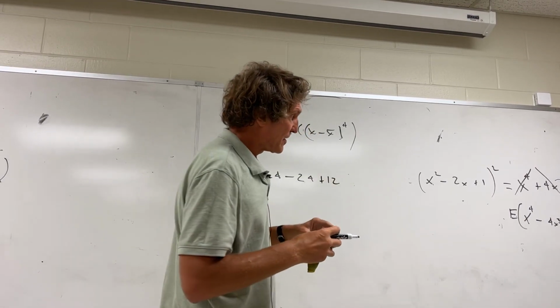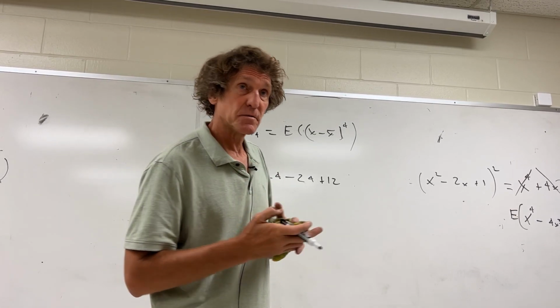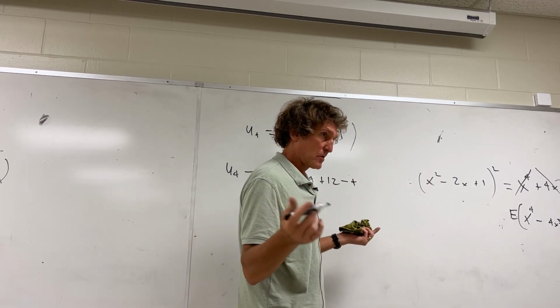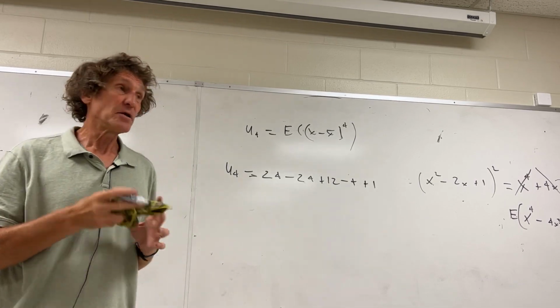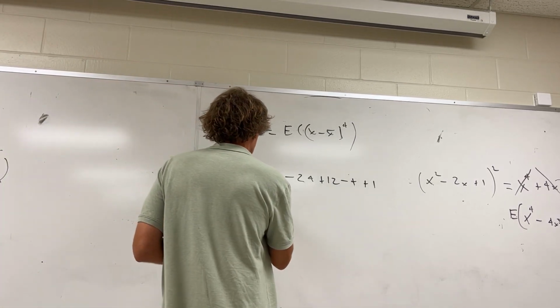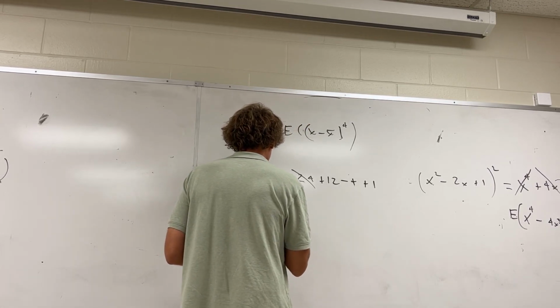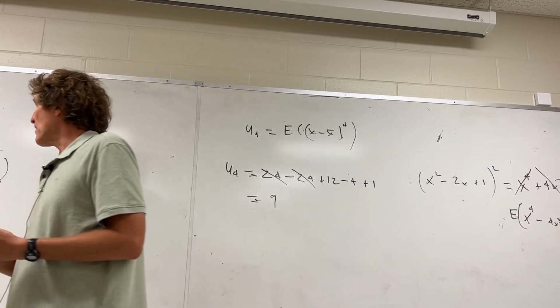And then I have minus 4 times the expected value of x, which is 1, so it's minus 4. Just correct me if I mess up. And then the expected value of 1 is 1. You all agree with that? That cancels. I get 8 and 1 is 9. It looks like it's 9. Is that right? All right, 9. Now I come over here.